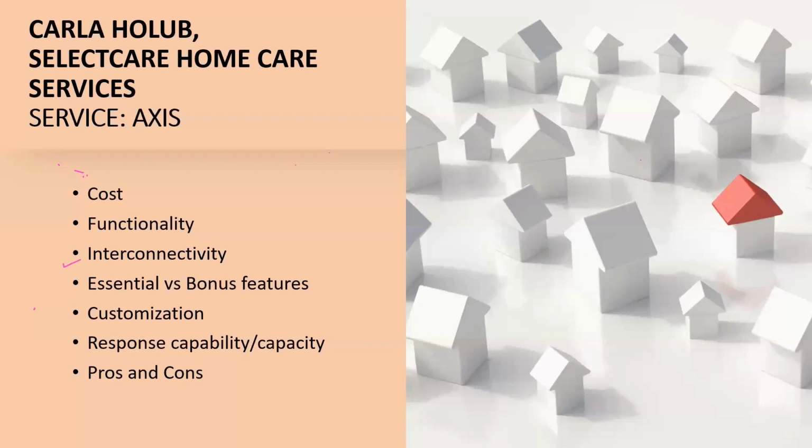So Select Care is a very small agency. We have about 49 clients and 100 caregivers. In 2017, we changed our scheduling program to a cloud-based program called Access, AXIS, out of Waco, Texas.